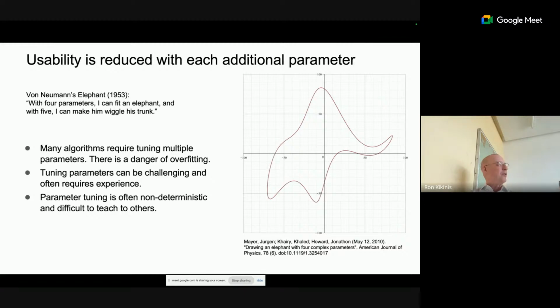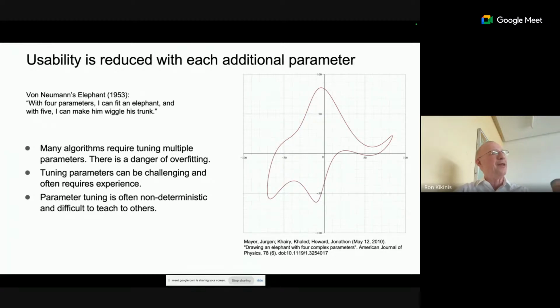And that's not, again, my insight. John von Neumann, who is one of the founders of computer science, apparently said this in the early 50s: with 4 parameters, he can fit an elephant, and with the 5th, he can wiggle the trunk. A group of mathematicians actually published a paper in 2010 where they provided the formula.